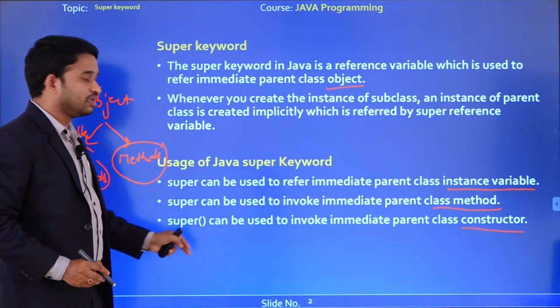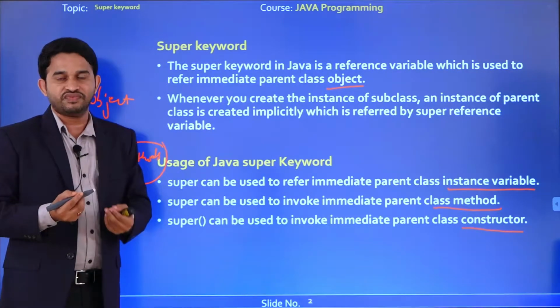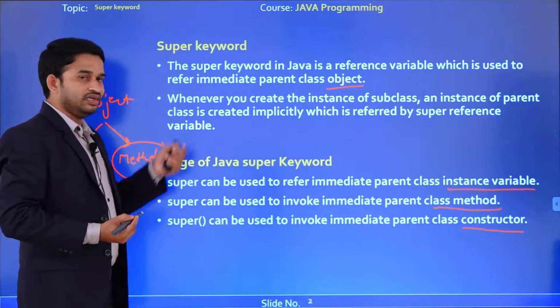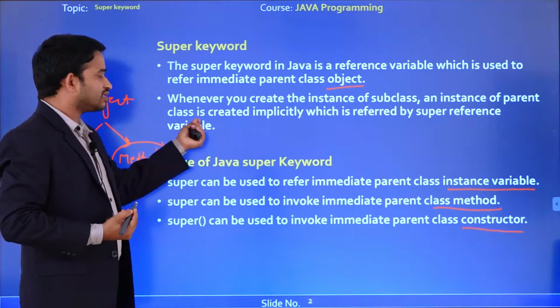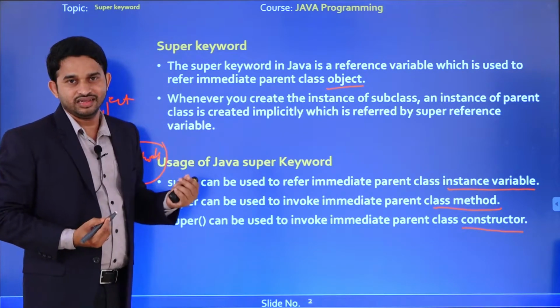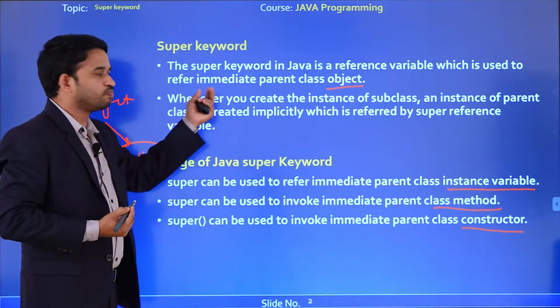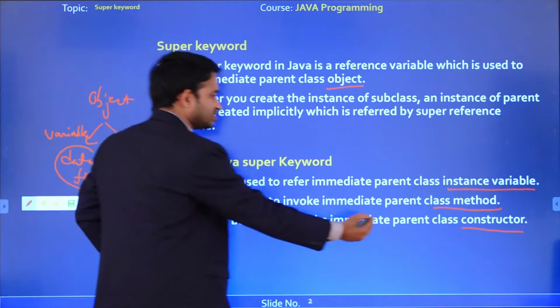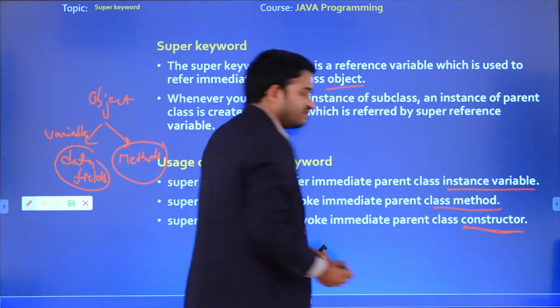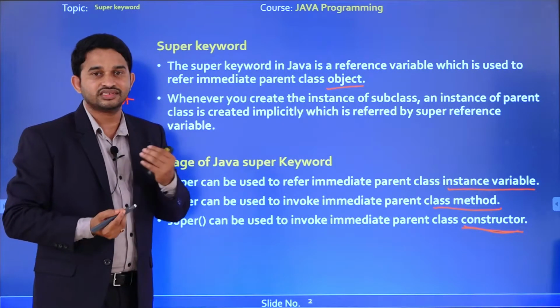Whenever we create an object for a subclass, a parent class instance or object is implicitly created, which is referred to with the help of the super keyword. A constructor is also the same: whenever we create an object, a constructor is invoked.